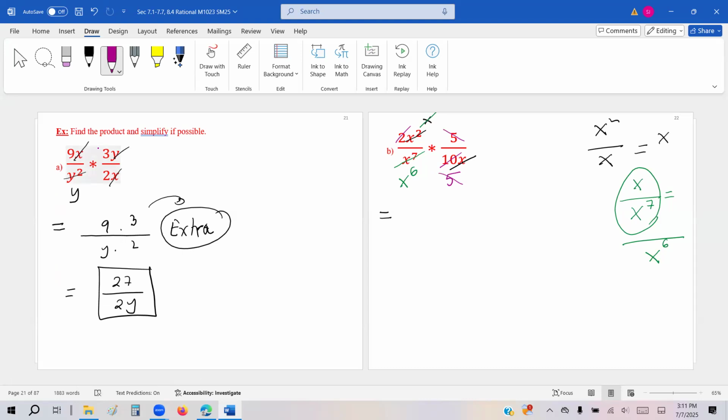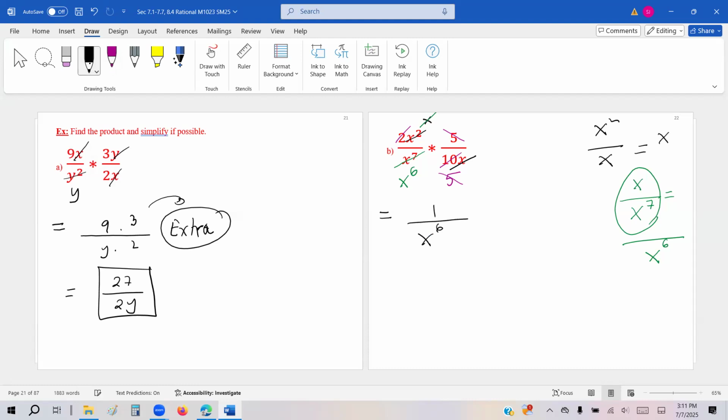So after all these cancellations, what do you see we did not cancel? We canceled the 2 with the 10. What remains after all these cancellations? We are left with x to the 6th power, definitely. Where, on the top or on the bottom? And what remains on the top?